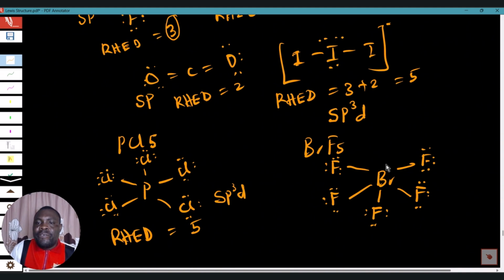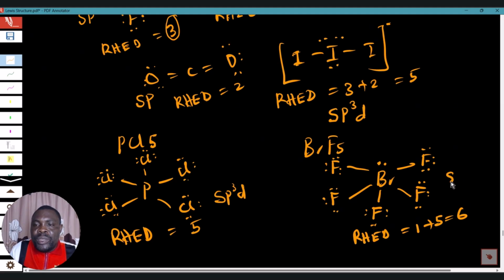So we have 5 fluorine making 40 electrons. Then we have 2 electrons on the bromine atom. So our region of high electron density, we have 1 lone pair plus 5 bond pairs making 6.